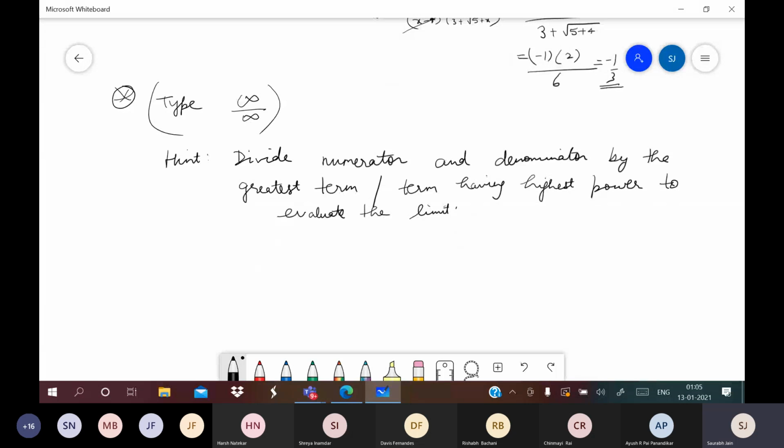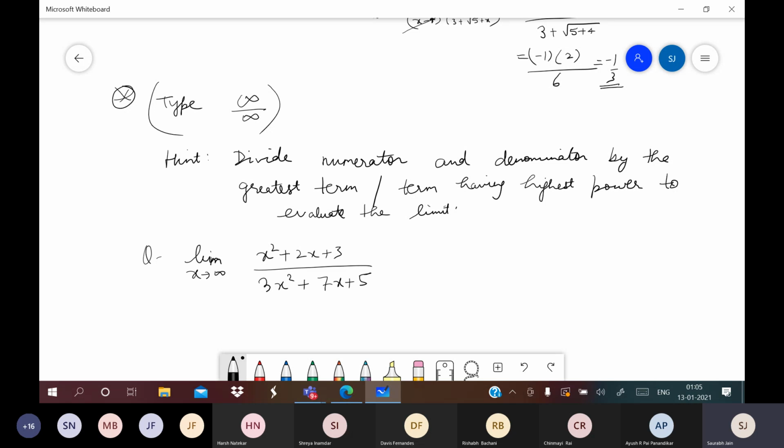Now suppose there is a question, limit x tends to infinity, and it is x square plus 2x plus 3 upon, let's say, 3x square plus 7x plus 5. Suppose this is the question. You try to put infinity here directly. You thought, let me put x as infinity.